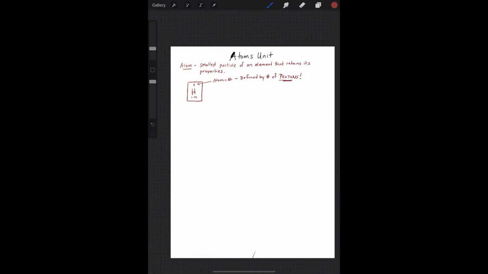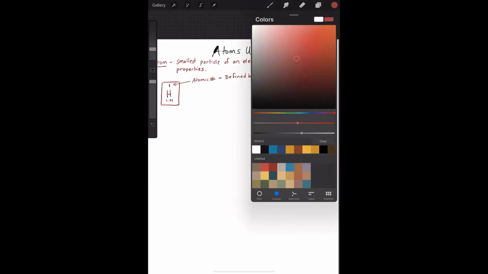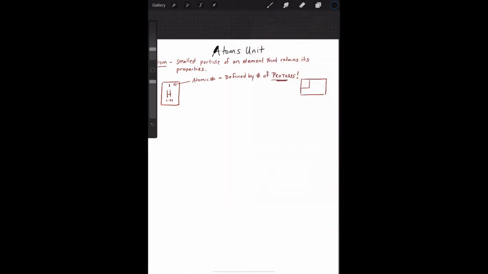As a little visual to think about this, I think about an ID card, like a driver's license, with a picture of the person right here.